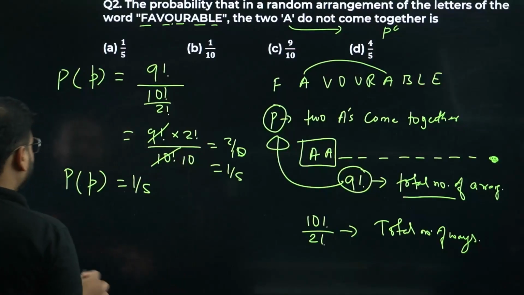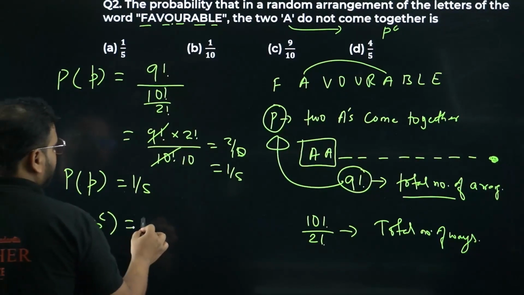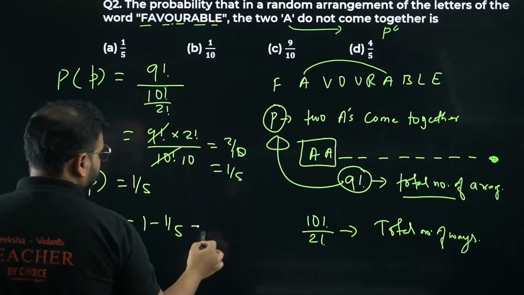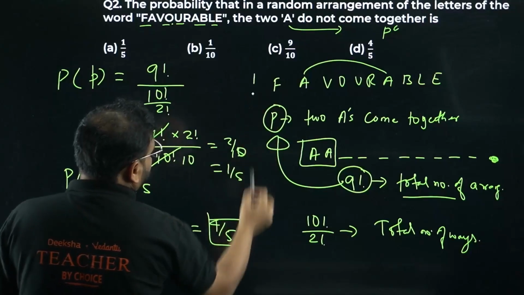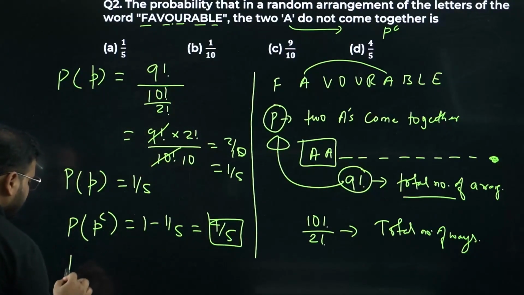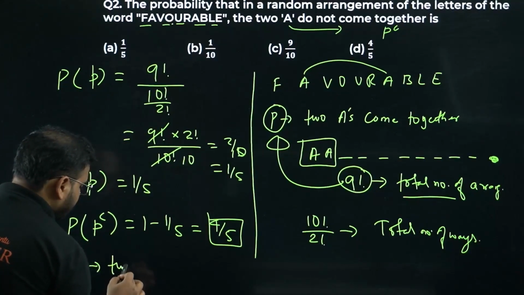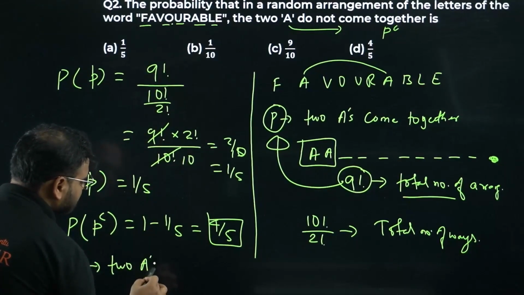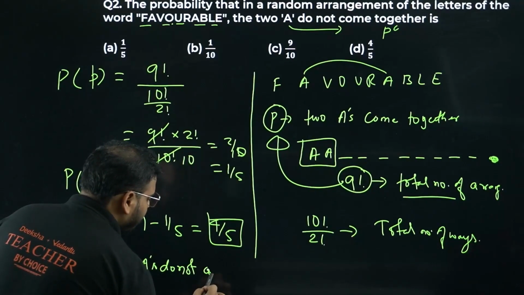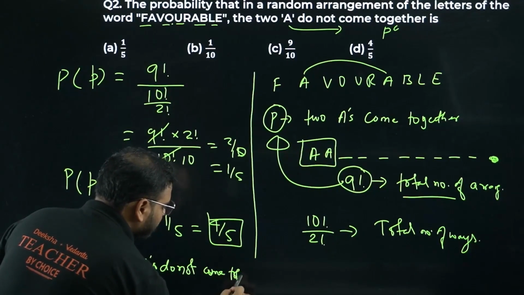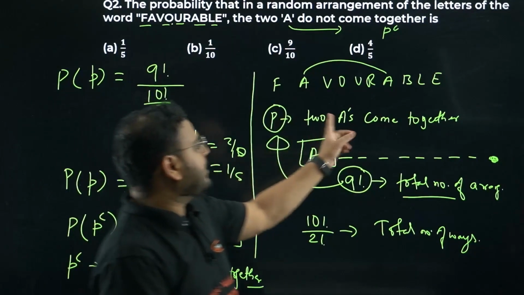Now we are looking for the probability of the event P complement, given by 1 minus 1 by 5, which becomes 4 by 5. What is this? P complement means 2 A's do not come together, because the P event was 2 A's come together.